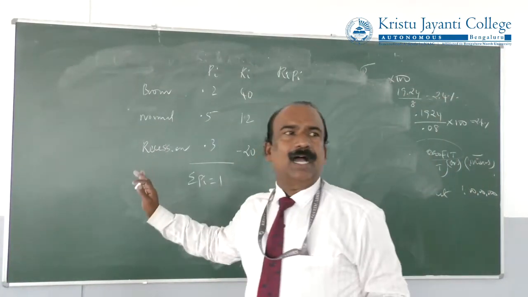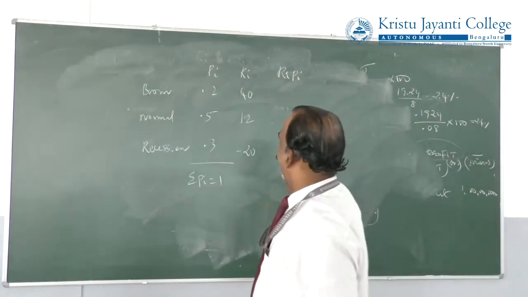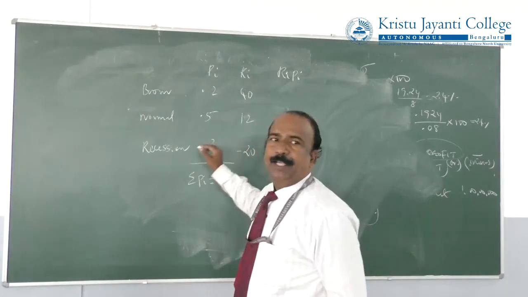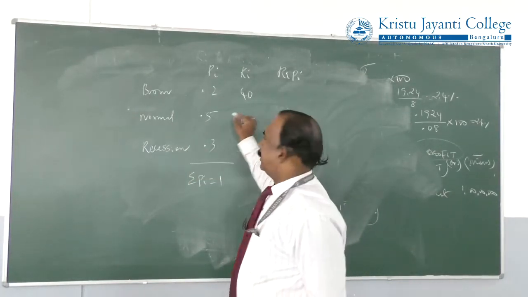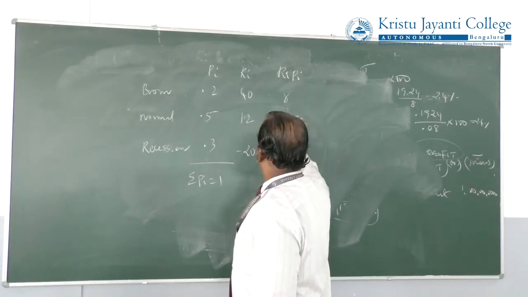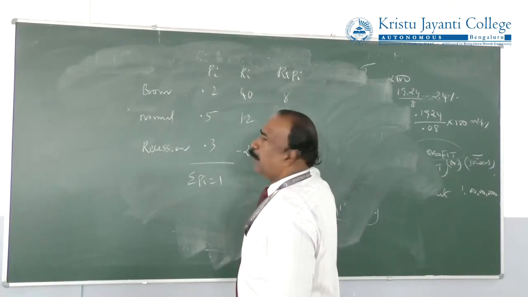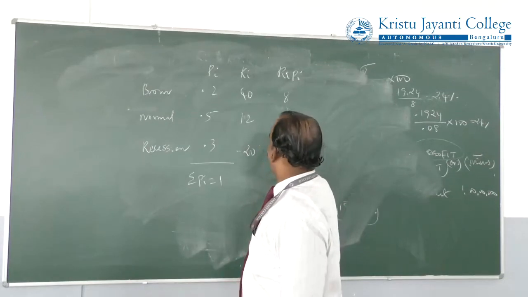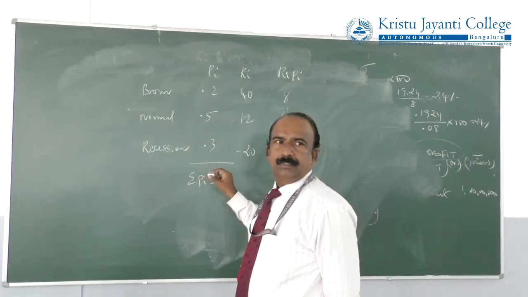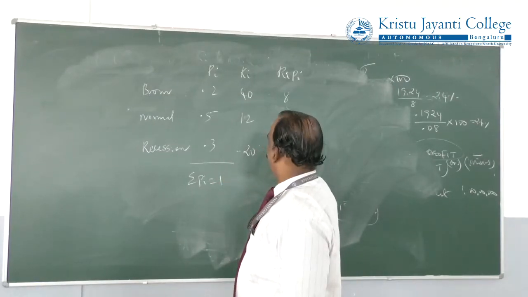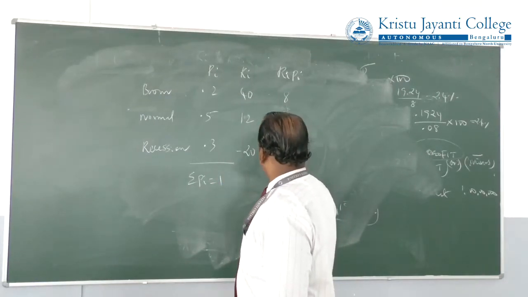So multiply probability and Ri. 40 into 0.2 is 8. 12 into 0.5 is 6. Minus 20 into 0.3 is minus 6.